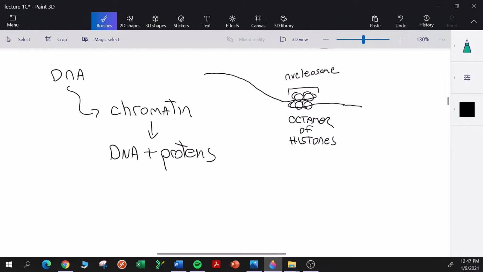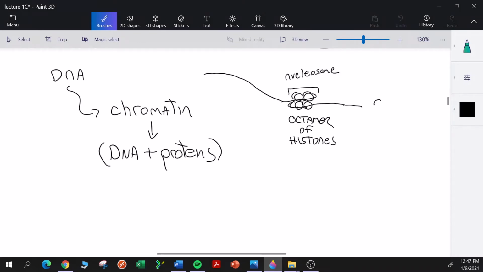So chromatin essentially is DNA and proteins, but the DNA is found in nucleosomes, in chromatin. So chromatin, again, is a complex of DNA and proteins. And if we are examining chromatin, we should be able to see nucleosomes.